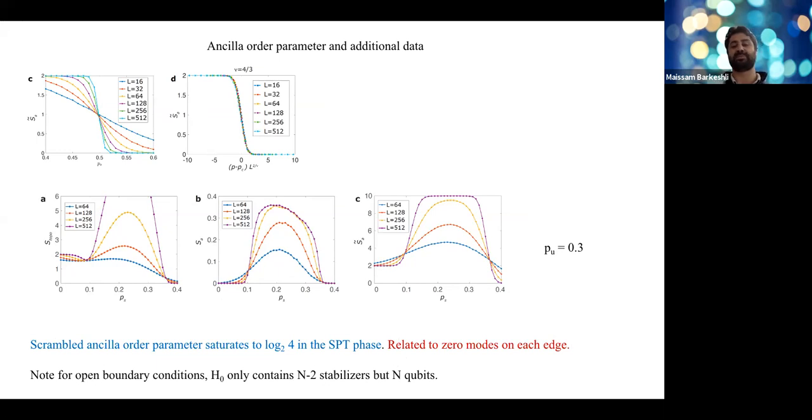One of the characteristic properties of the SPT is that you have zero modes at the edge of the system. So you have 2 states on the left edge, 2 states on the right edge. And that shows up here as the fact that you have basically 2 logical qubits, and the ancilla order parameter is entangled with these 2 logical qubits. And these local measurements cannot disrupt this entanglement because the distinction between the logical qubits is non-local.